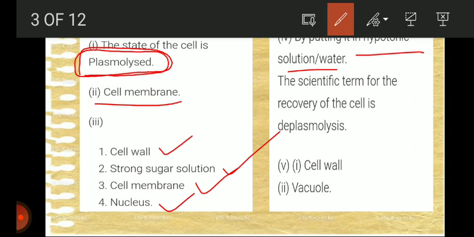Then the plant cell will be reversed back into its original state. And what is the scientific term? It will be deplasmolysis. If the current state is plasmolysis, then of course the recovery of the cell will be deplasmolysis.